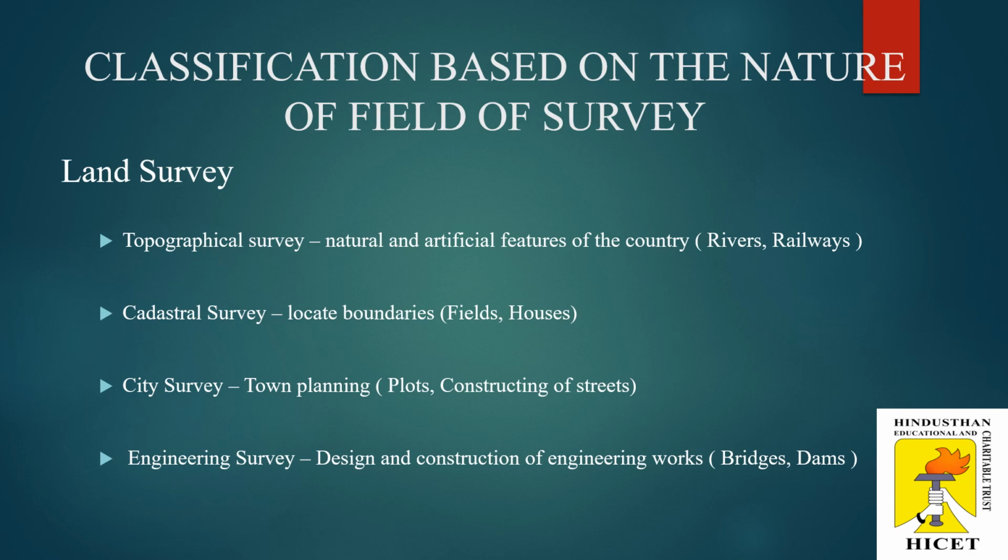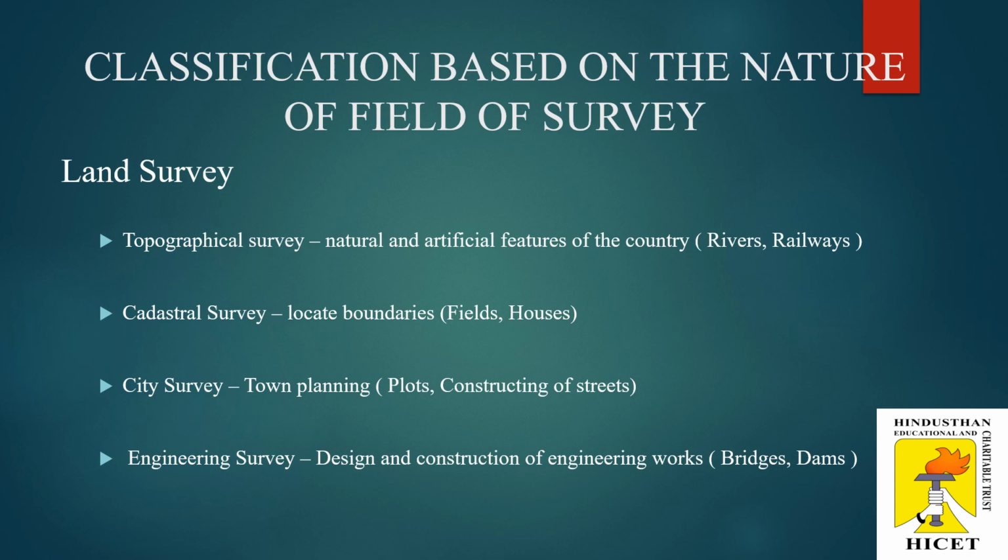First one is topographical survey. In this survey, used to determine the natural and artificial features of a country such as rivers, lakes, hills and canals, and artificial features like railways, roads, etc.